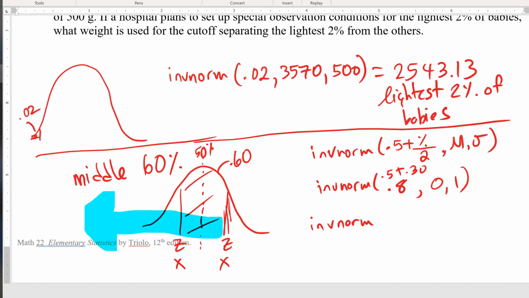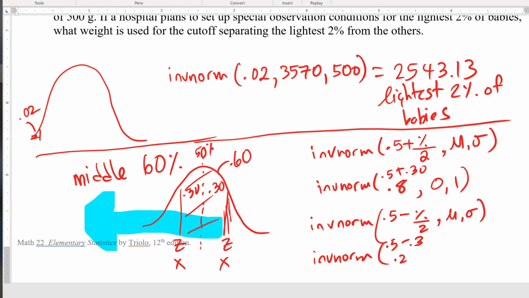Well, it'd be that 50 plus 30 of it. What percentage would this be? 50 minus the 30 of it. So the second one is going to be 0.5 minus the percentage over 2. So it would be 0.5 minus 0.3, or 20%. And what I'm doing is if I figure out between 20% and 80%, that represents the middle 60%.